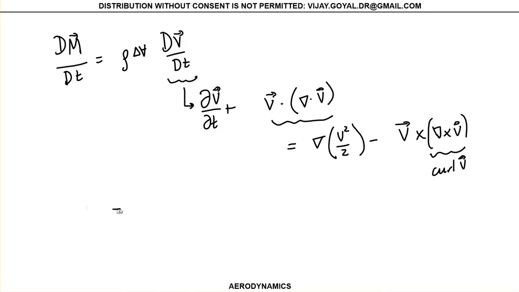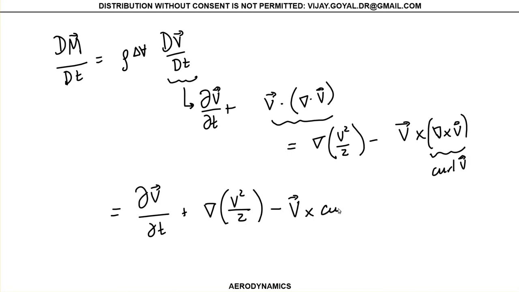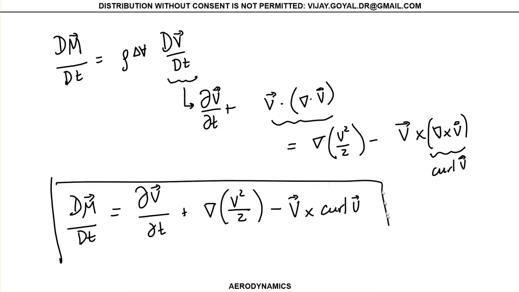So that means that the whole expression, I could write it as follows. This is for a fluid particle. Minus v, and I'm going to write it curl of v. Okay? So this is your left-hand side. Now let's work on your right-hand side and see what your forces are.